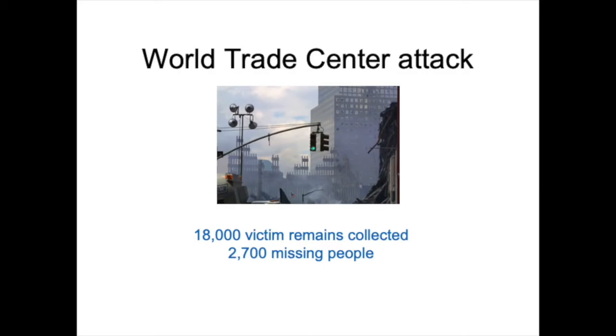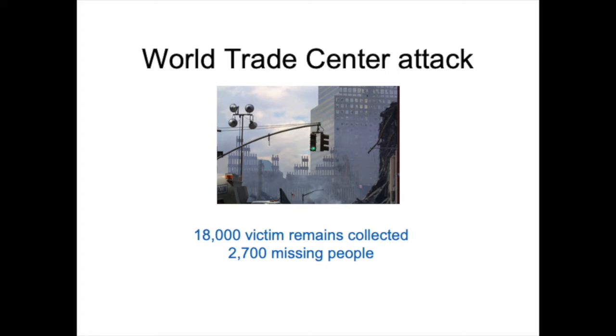During the World Trade Center attack, over 2,700 people went missing, and most of them had died. And I'm referring back to the time when I did the analysis in this case at Cybergenetics about 15 years ago, there are about 18,000 victim remains that had been collected.